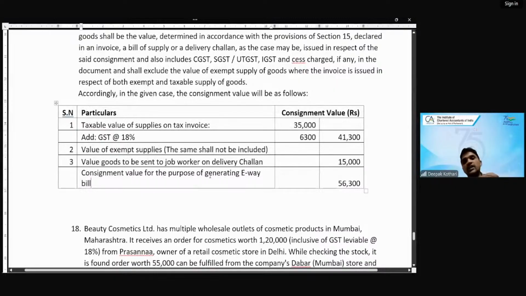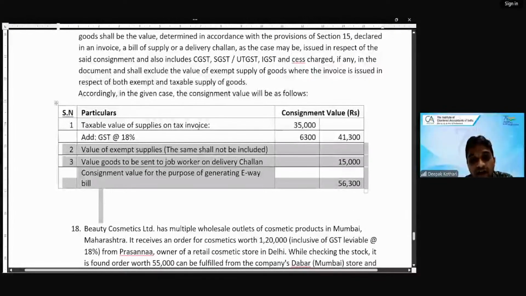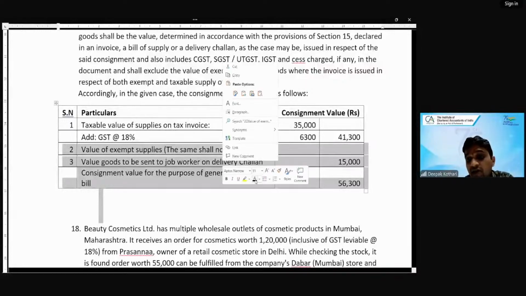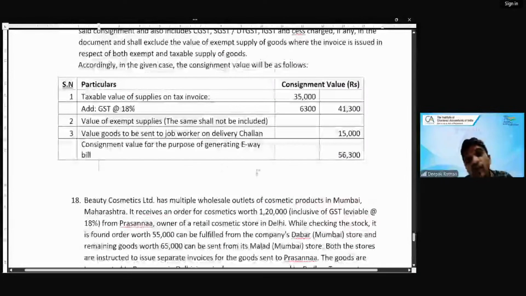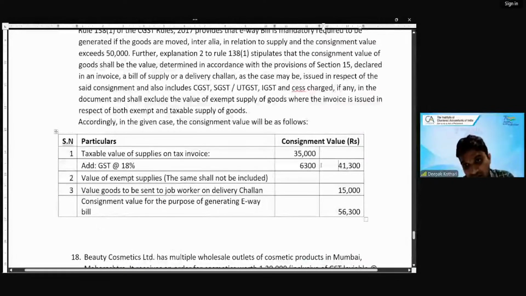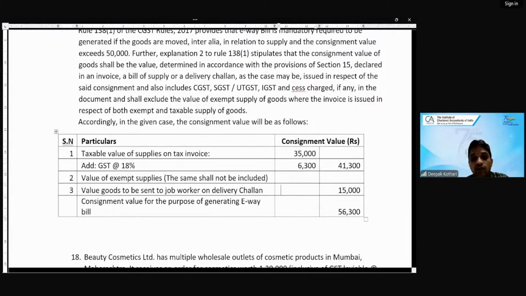So nobody has given a correct answer. Everybody said the consignment value is 59,000. Actually, the consignment value for the purpose of generating the e-waybill is 56,300. Anyhow, your answer may be right in approach, but you will not get full marks because your calculation is only half correct: you're adding tax of 18% on the whole value. You should not add tax on the job work value.